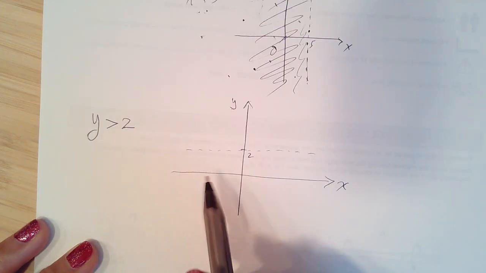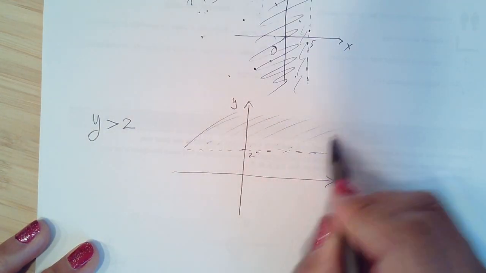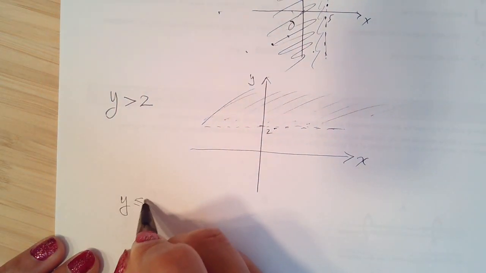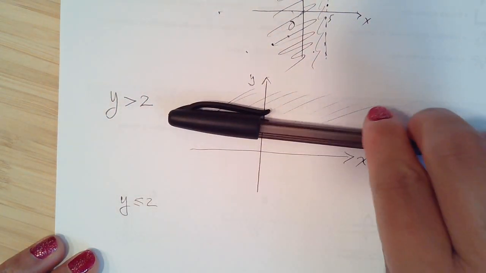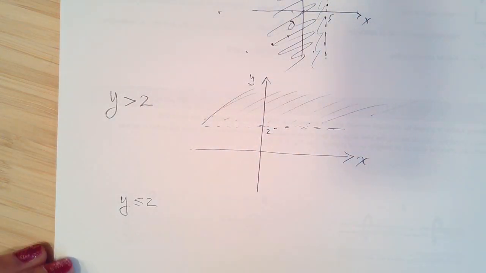You don't. So you keep that as a dotted line, and then you just shade the whole area above it. All right? Do you know how to show y is less than or equal to 2? It's going to be the area under that, and I'm going to change that into a solid line. So these are very special situations, okay? Just want you to know that.